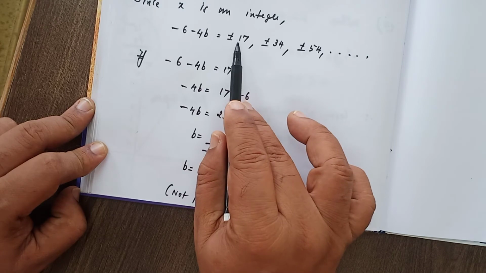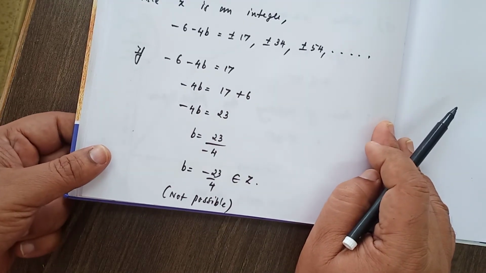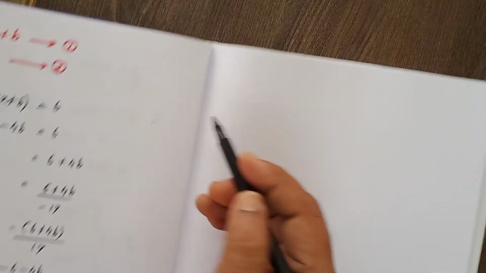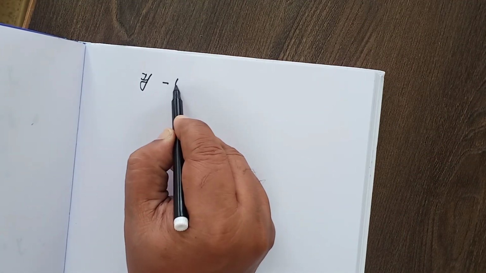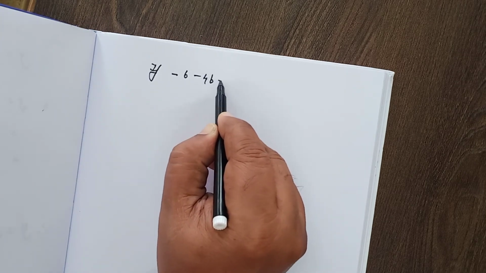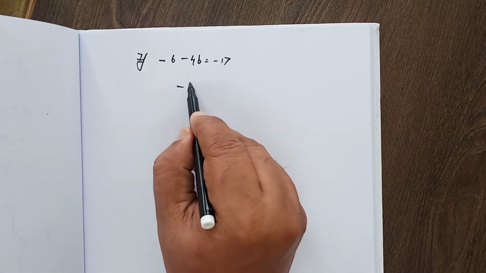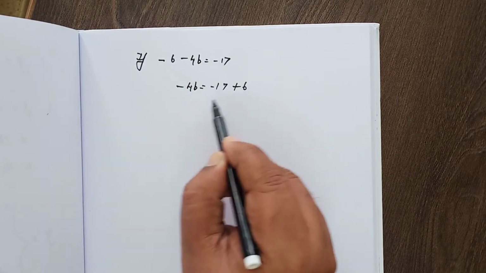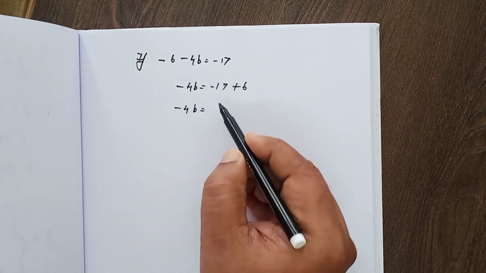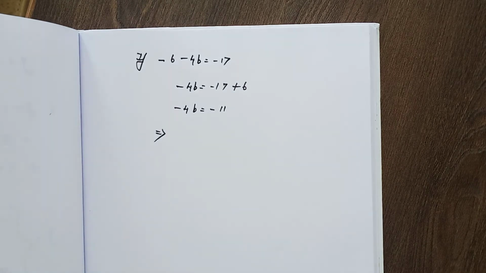Now I go for minus 17. If minus 6 minus 4b equals minus 17, now we can find the value of b. Minus 4b equals minus 17, and the 6 comes to the right hand side as plus 6. Minus 4b equals minus 17 plus 6, that is minus 11, which implies both minus signs get cancelled.